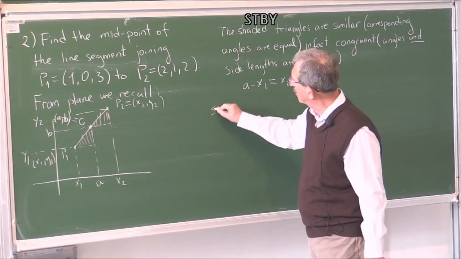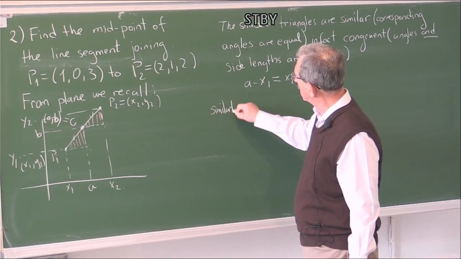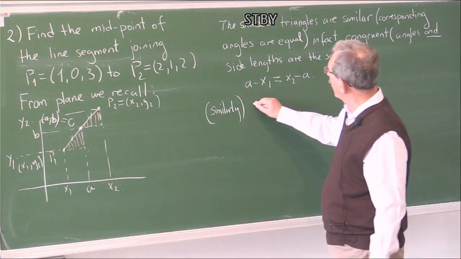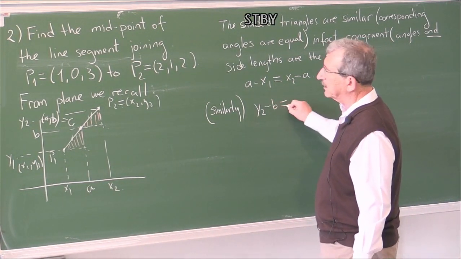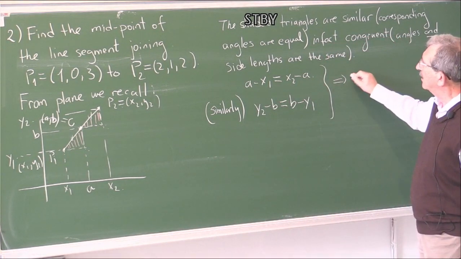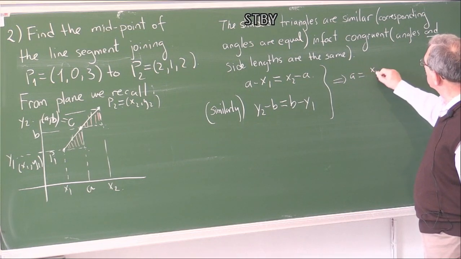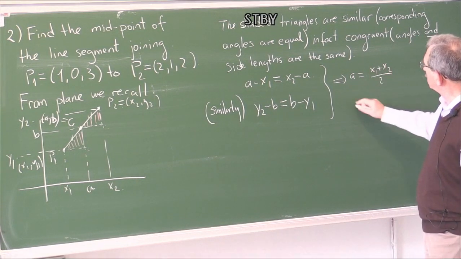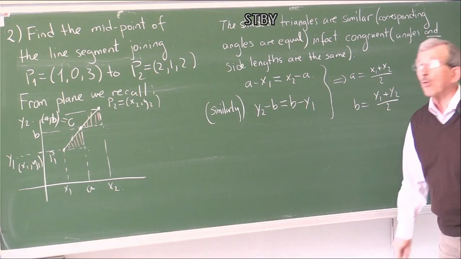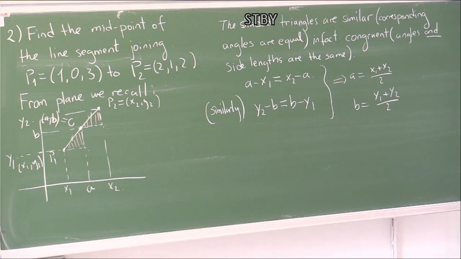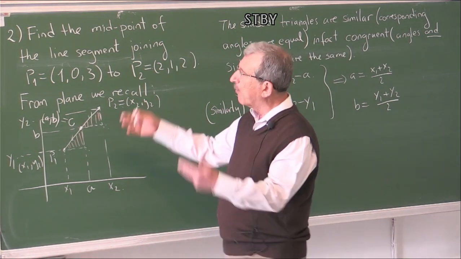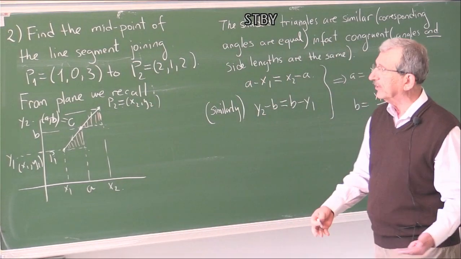Similarly, for the vertical parts, we have y2 minus b is the same as b minus y1, which says that a is the average, b is the average of the coordinates in question. Now, I will not do that, but adding a third component does not change the elementary geometry.